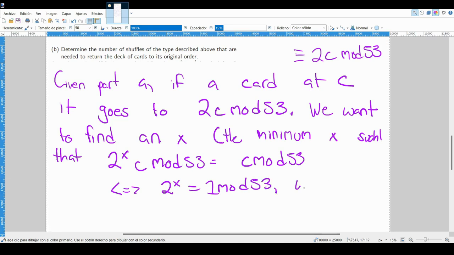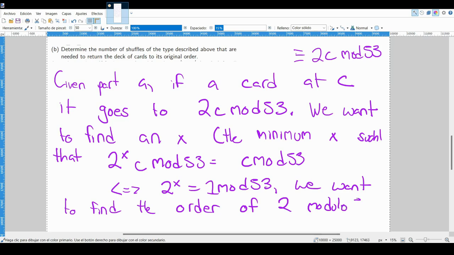So in other words, we want to find the order of 2 modulo 53.